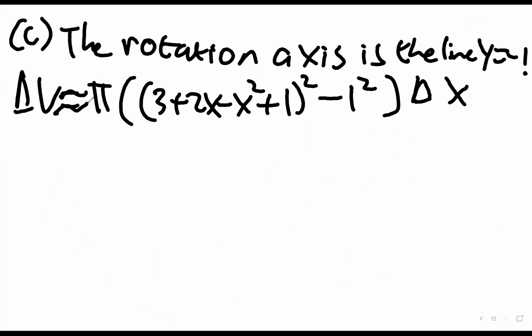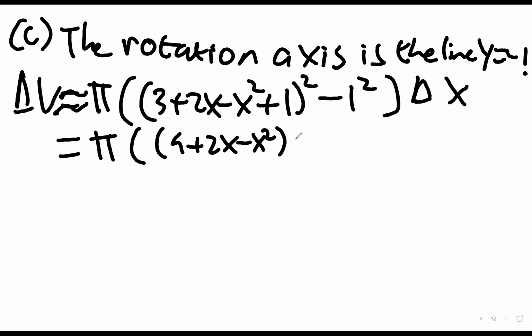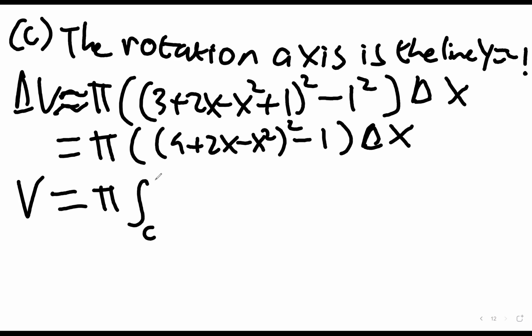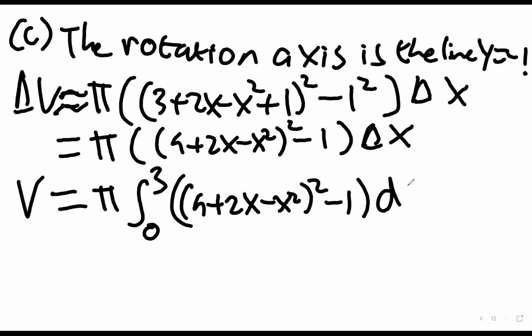Do not forget the approximation. That is pi times (4 plus 2x minus x squared) squared minus 1, delta x. So V is pi times the integral from 0 until 3 of (4 plus 2x minus x squared) squared minus 1, dx. Of course, you can continue the details here. All right, any question?